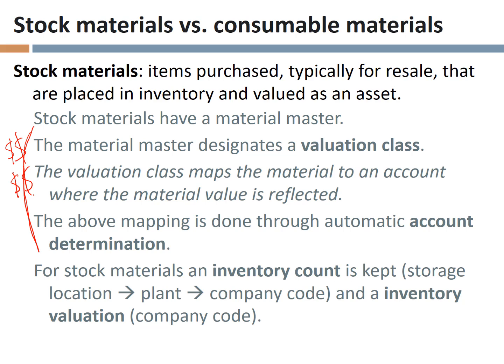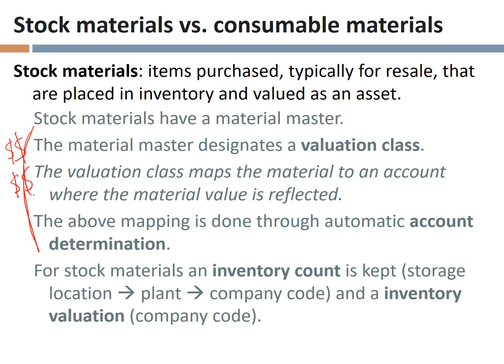So for stock materials, we concern ourselves with actually two different things. We concern ourselves with the money, the value of something, and we concern ourselves with the inventory count. Now, the inventory count is not kept in the general ledger. The general ledger is just focused on money.